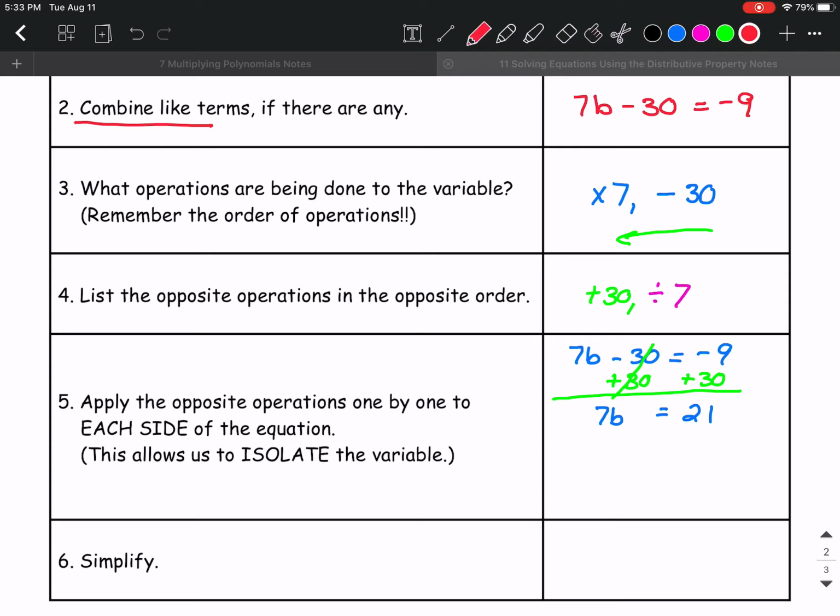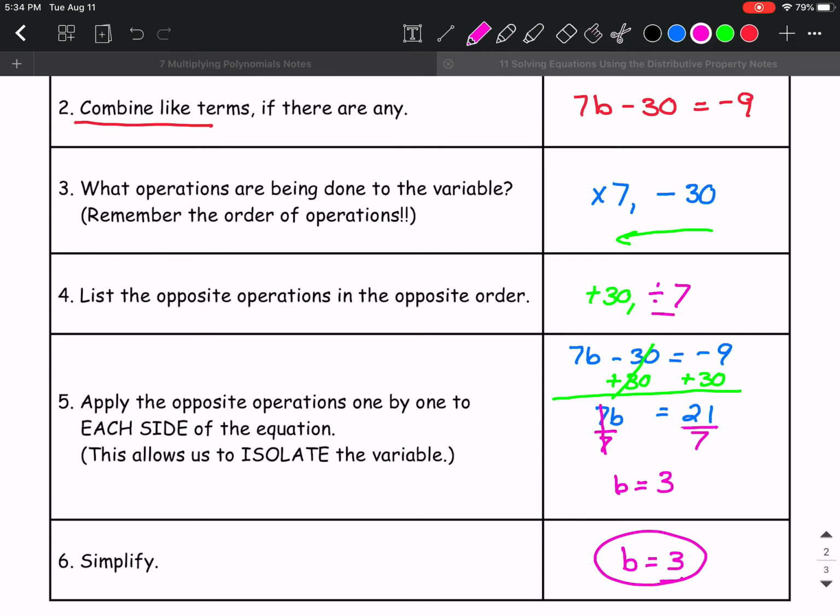Next we divide both sides by 7. The 7b divided by 7, the 7's cancel out, and we have b. Then 21 divided by 7 is 3. So our final answer is b equals 3.